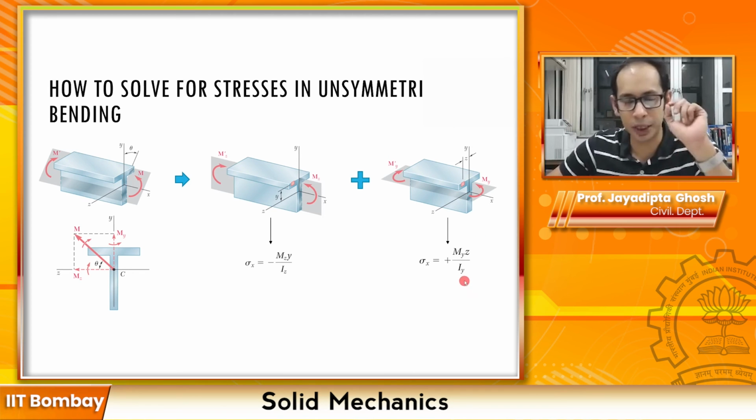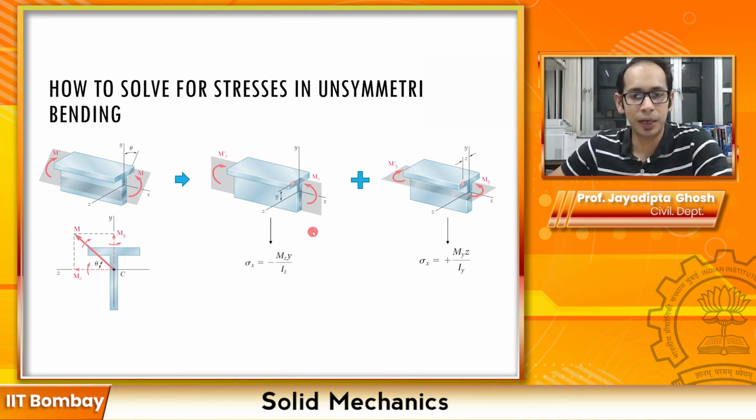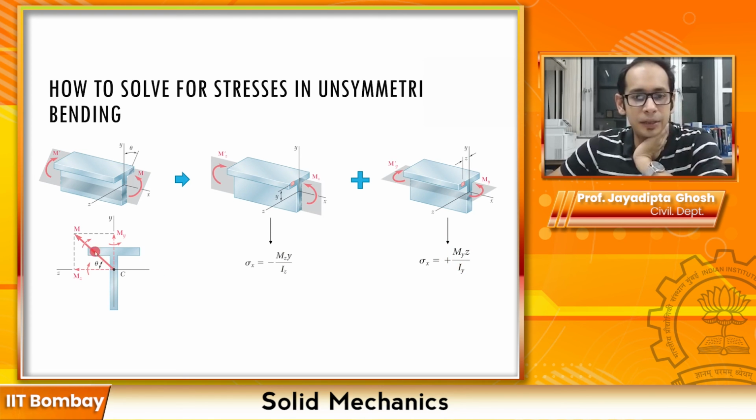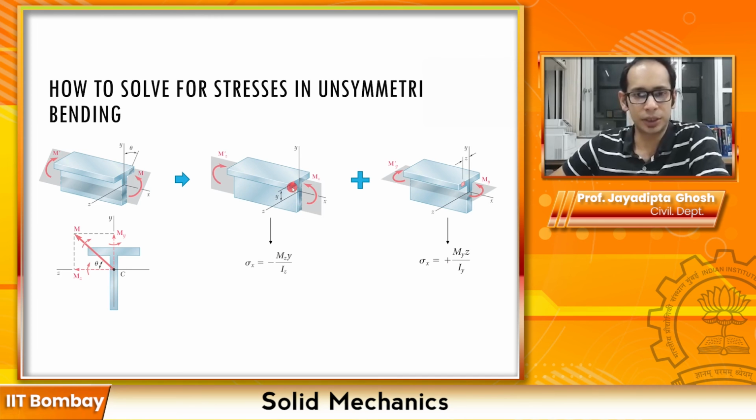Now note, very important to note, here it was bending about the zz axis, this axis over here. So you have Mz y by Izz. Here it is bending about the y axis, so this axis. That's why in the denominator you have Iy over here. Now, although you have split the moment into two moments, one about the z and one about the y axis, you are calculating the stresses at a particular point.